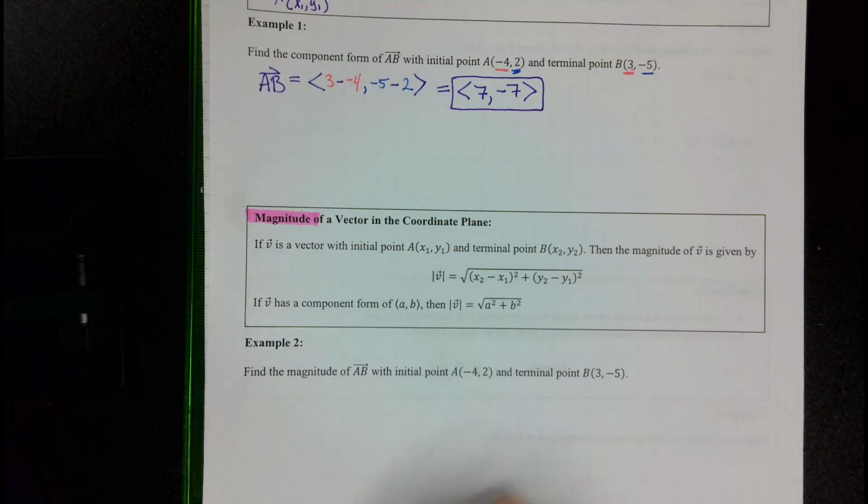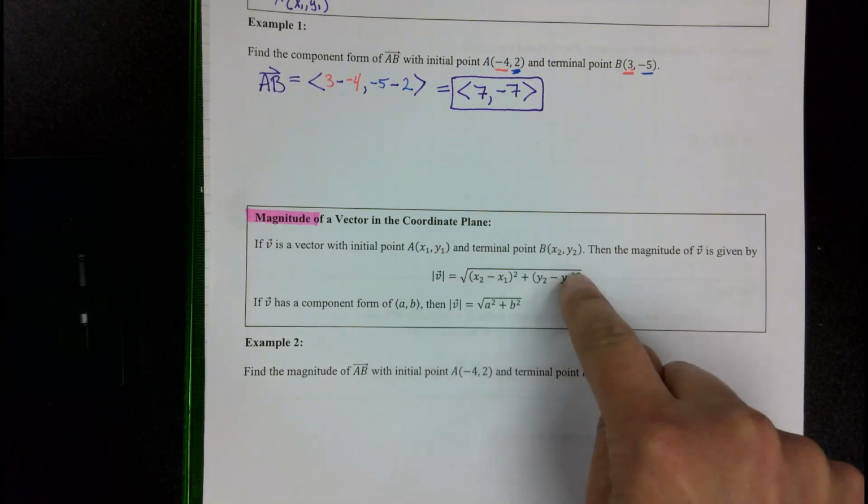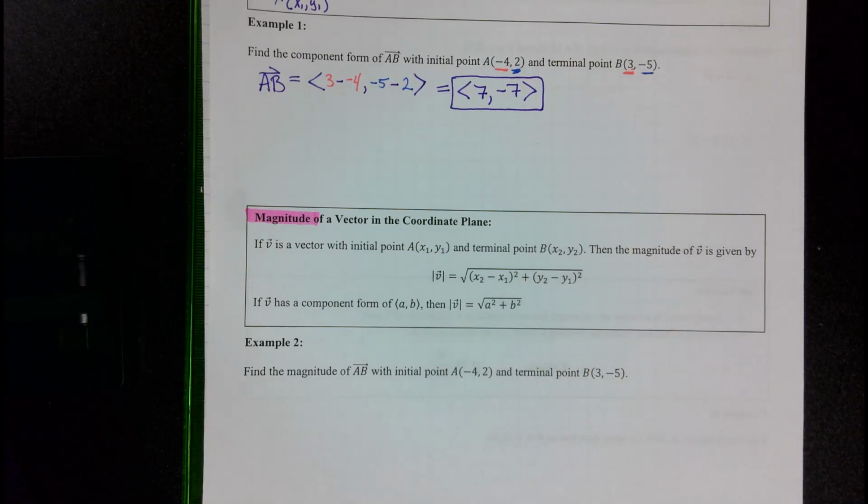Okay? So we're going to find the magnitude of vector AB with initial point A and terminal point B. So since I have initial point, terminal point, I know I'm using the distance formula for the vector.